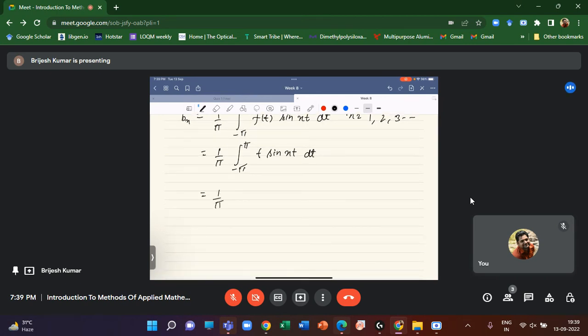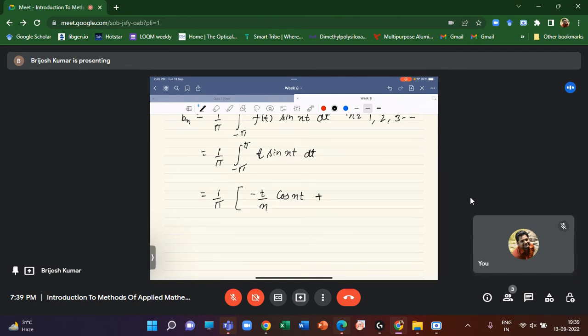So 1 upon pi, and this will be minus t upon n, cos nt. Next, the differentiation of t will be 1, and the integration of sine is minus cos.